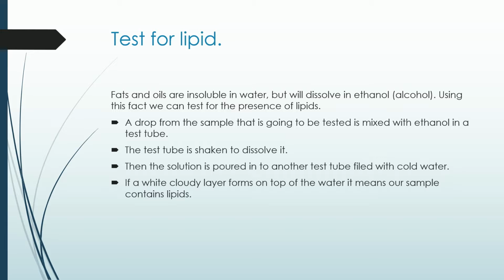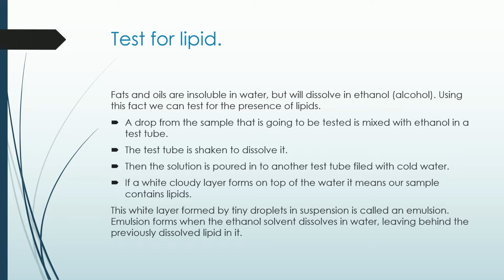You can notice this actually when you're eating, for example, barbecue or lamb chops, and you have an ice cold bottle of soda, and then you see on the surface of the soda a white cloudy layer. That's actually lipids from the meat you eat. So if during this test that white cloudy layer forms after you pour it into the cold water, the sample contains lipids.